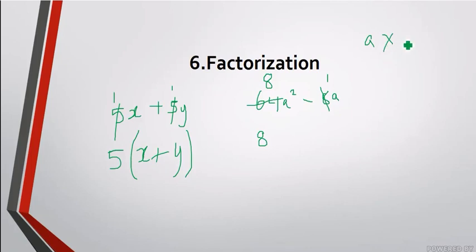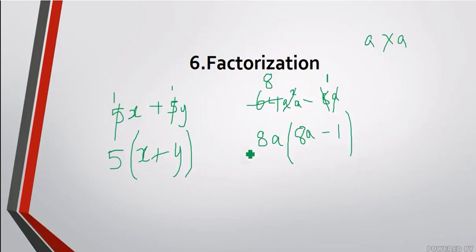A squared is simply a by a. Alright, so if I factorize 1a from this side and 1a from this side, I'm going to remain with 1a. So my a comes outside because I factorized it. Now in brackets, I'm going to put what remains. What remained? 8a minus 1. Okay? And this is our answer.